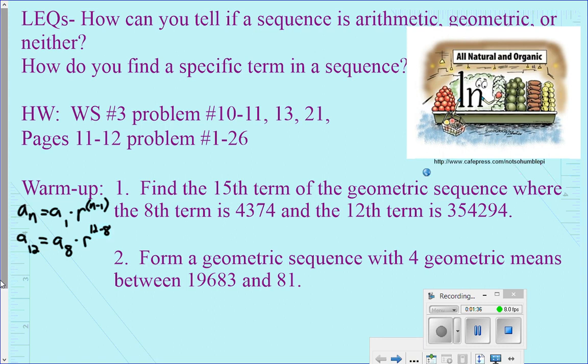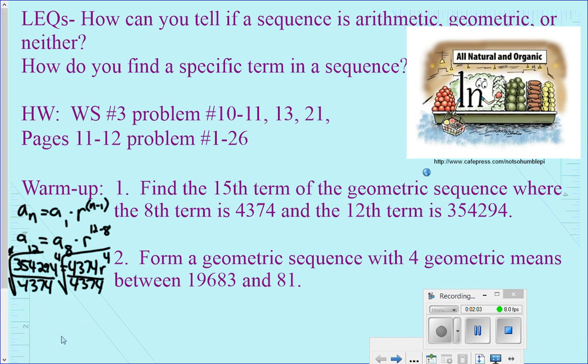So a sub 12 is 354,294. A sub 8 is 4374. And r is to the 4th power because we did 12 minus 8. So then dividing both sides by 4374 and taking the 4th root of that.